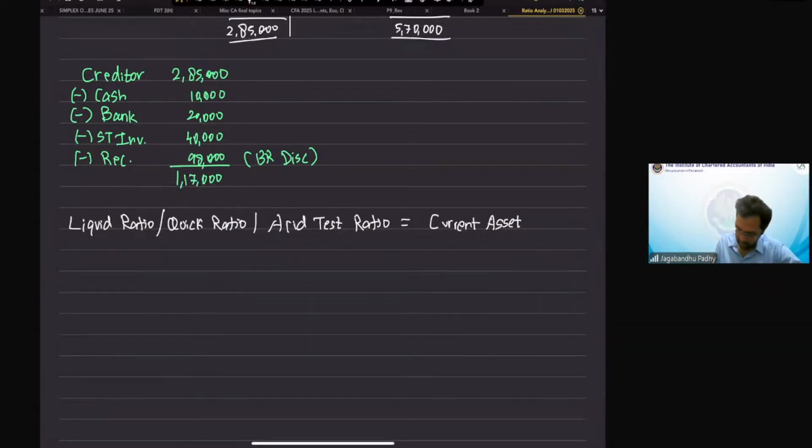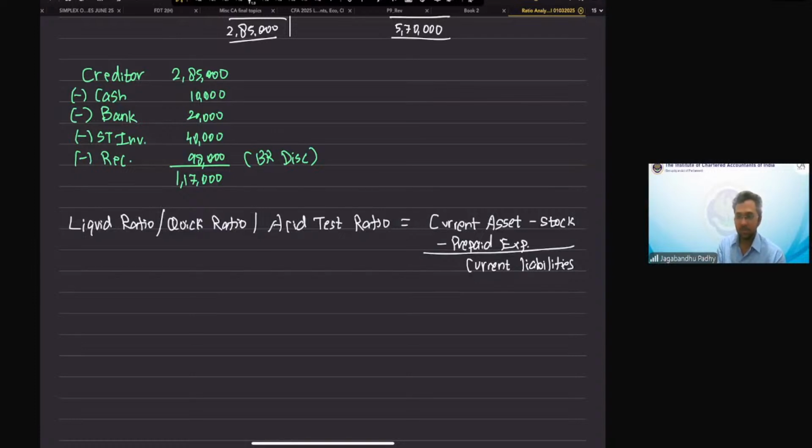So from current assets, we subtract stock and prepaid expenses, and then divide by current liabilities. So liquid ratio, quick ratio, or acid test ratio is current assets minus stock minus prepaid expenses upon current liabilities.